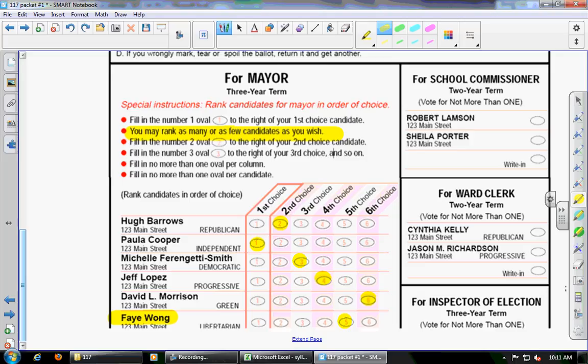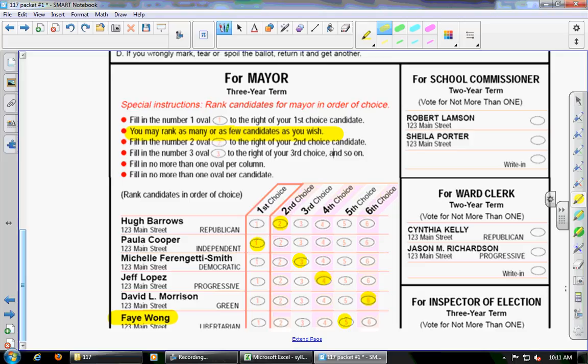But physically, do you think it's a person counting these bubbles? No, this is a Scantron. There's a machine, they put a big stack of votes through the machine, it spits out the totals, spits out the winner. It's really easy. So I'm only showing this to you so that you don't think, well, plurality isn't fair, but it's too hard to do anything else. It's really not. This has happened in the past in Burlington, Vermont, and it's easy.